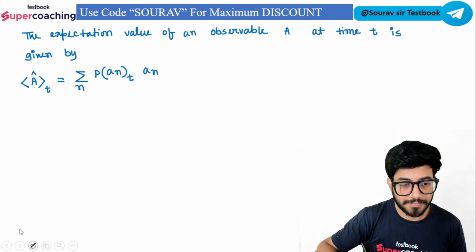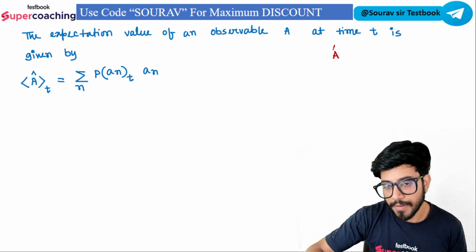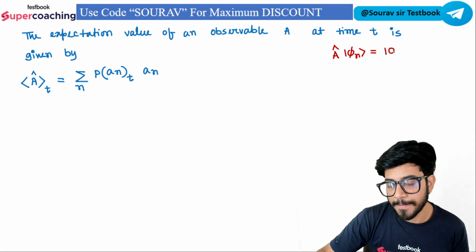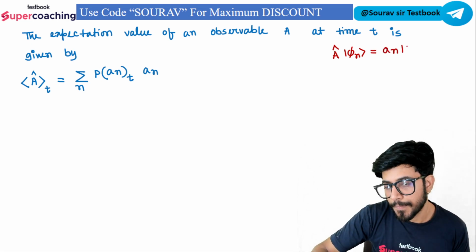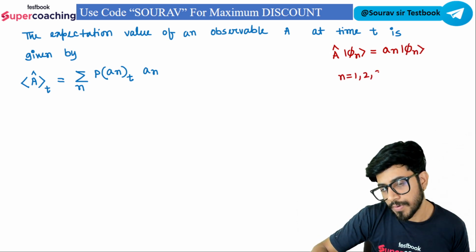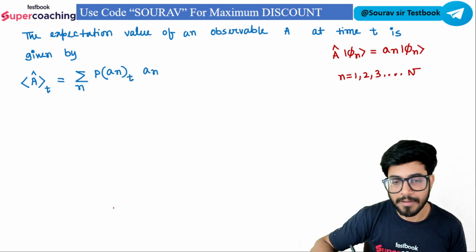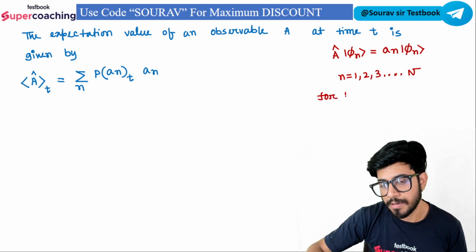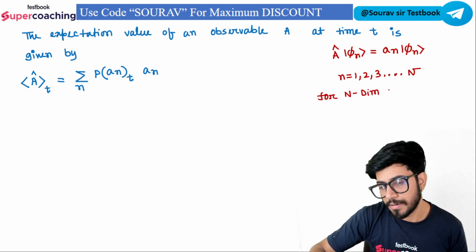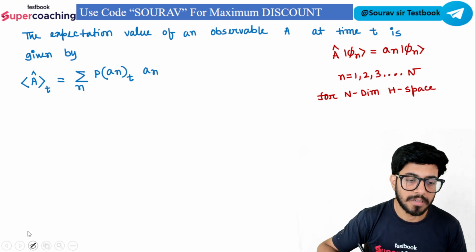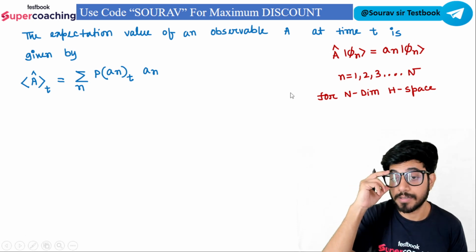Where we know that A cap phi n equals an phi n, where n is equal to 1, 2, 3, up to capital N for an N-dimensional Hilbert space. Of course, it will have N eigenvalues and eigenvectors, all linearly independent.